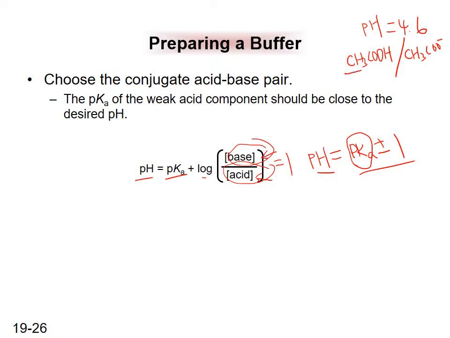Why? Because the pKa of this acid is 4.76, so this pKa is very close to the desired pH. And so that's the first step.